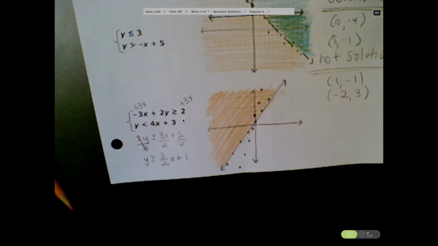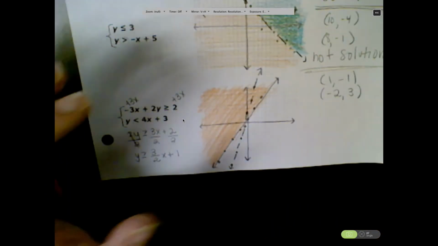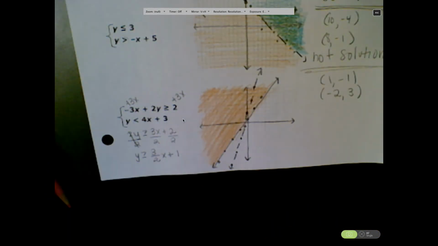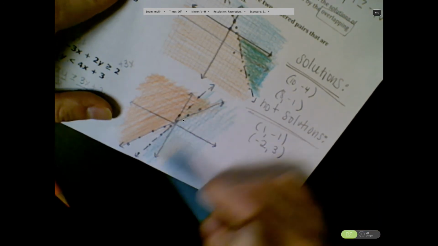Okay, and should I connect those points with a smooth line or a dotted line? Okay, and should I shade that above or below? Below, because it's less than. So I'm going to shade all this area below that line.